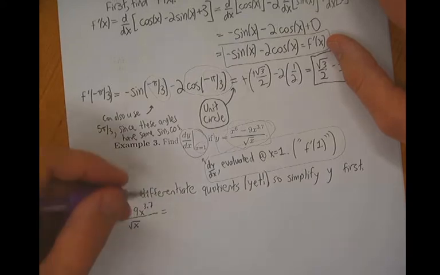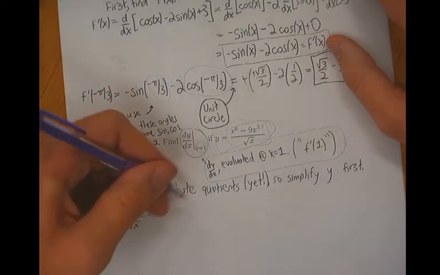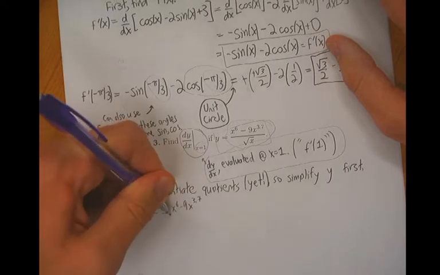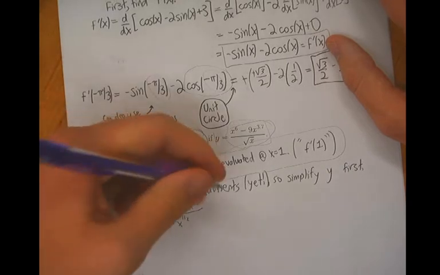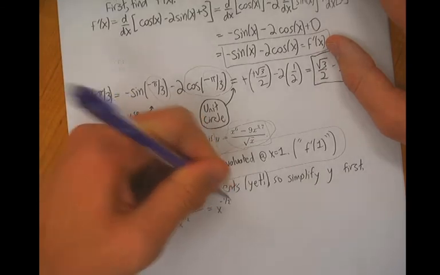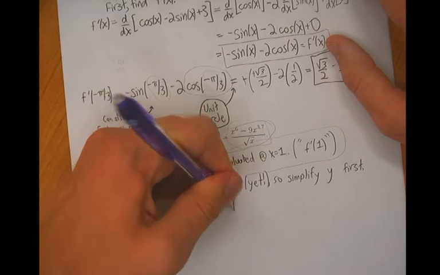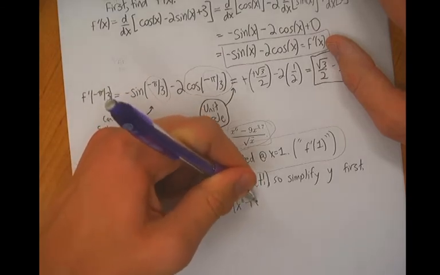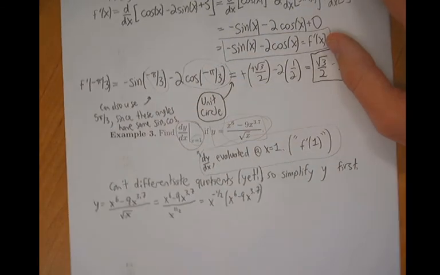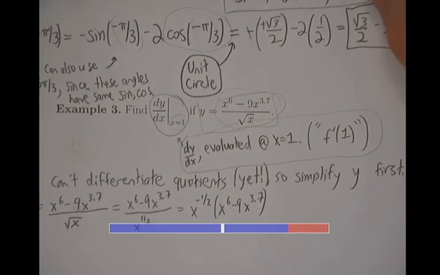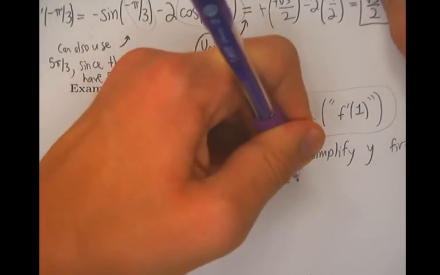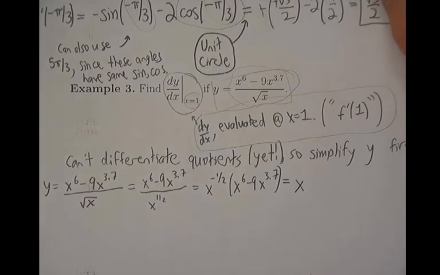That could work. So this is the same thing as x to the 6th minus 9 times x to the 3.7 over x to the 1/2. So what we could do is say this is the same thing as x to the negative 1/2 times x to the 6th minus 9 times x to the 3.7. So then that's the same thing as what? So the first term would simplify to what?